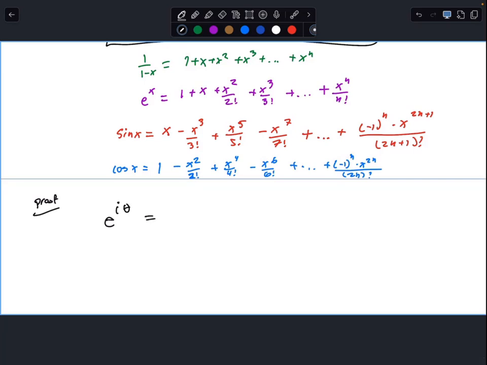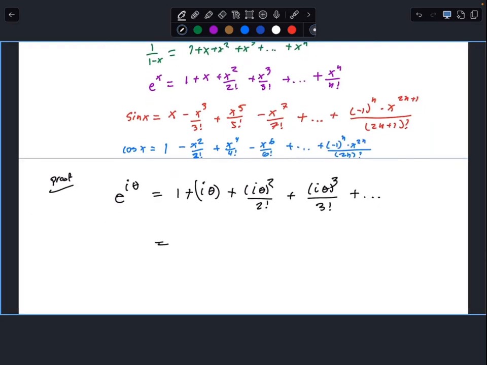E to the i theta, if we use the same expansion that we just learned, knowing its known Maclaurin series, would be 1 plus i theta plus i theta squared over 2 factorial plus i theta quantity cubed over 3 factorial plus dot, dot, dot. Yes? So, I'm going to do this quite quickly.